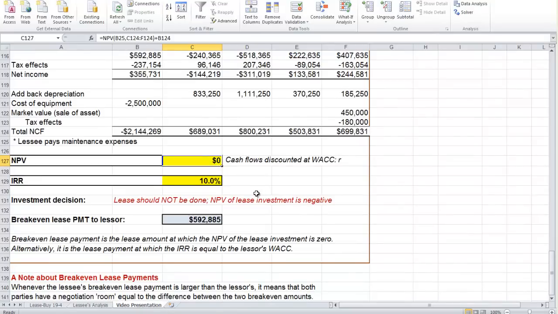And so for any lease payment above $592,885, NPV will be positive. Below it, NPV would be negative.